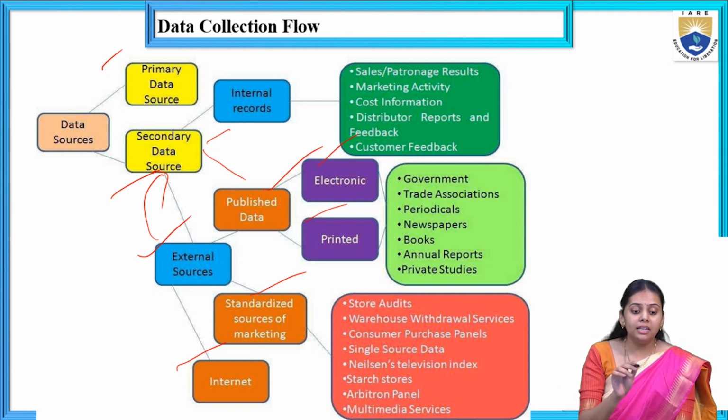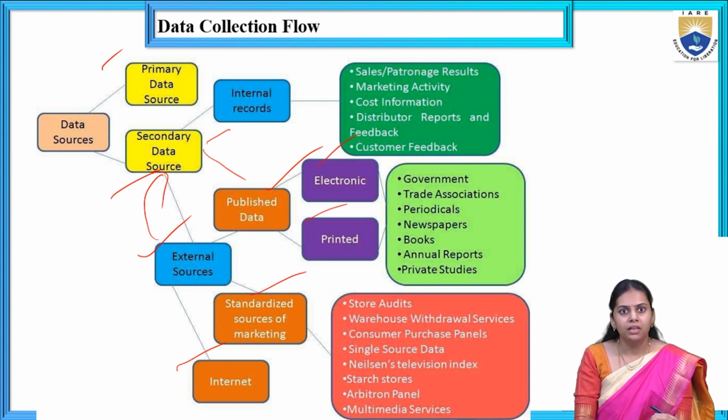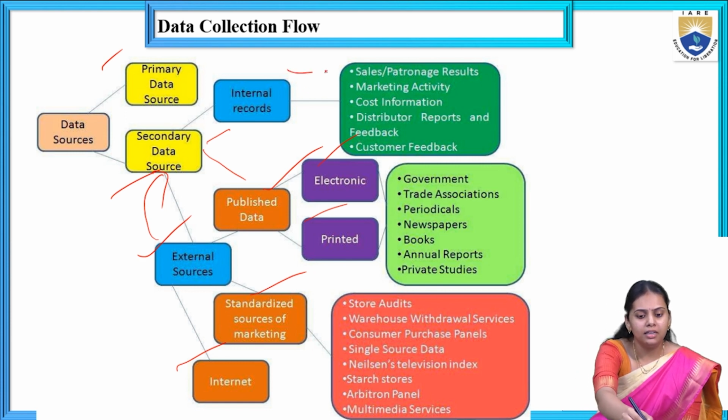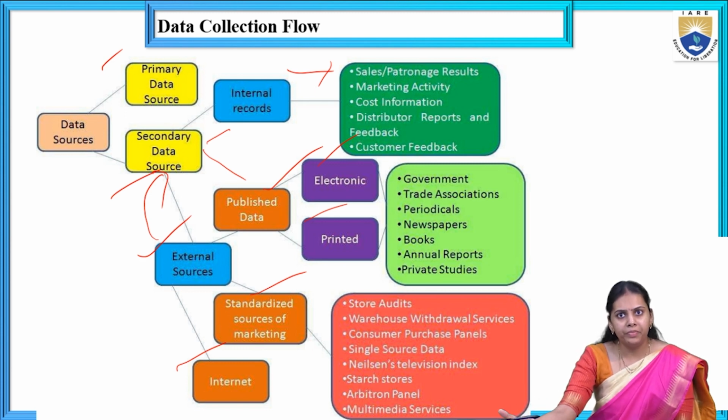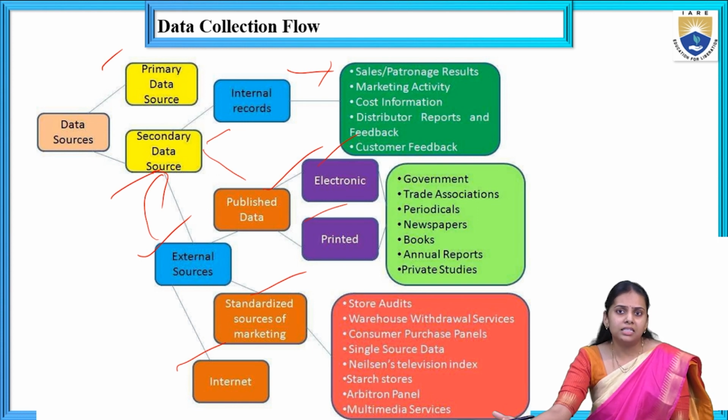So what are the internal records? Whereas these are the external sources, the internal records contain sales results, marketing activity, cost information, distributor reports and feedback, and customer feedback.